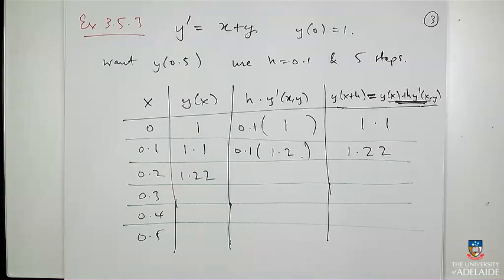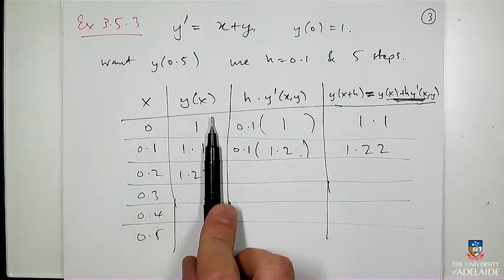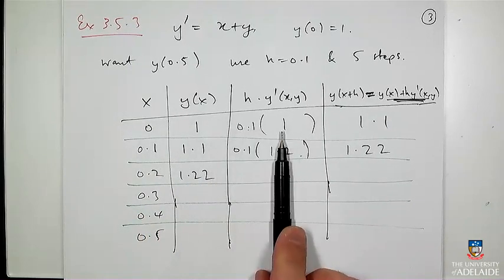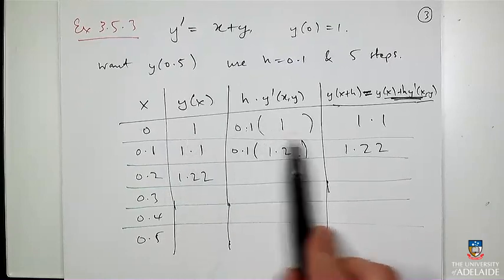So is everybody following so far? So what you need at each point you're interested in, at each x value, you need the x value, the y value, that is your guess at that point, the slope, or h times the slope. That tells you how much further you need to go for your next guess. Then you add these two.